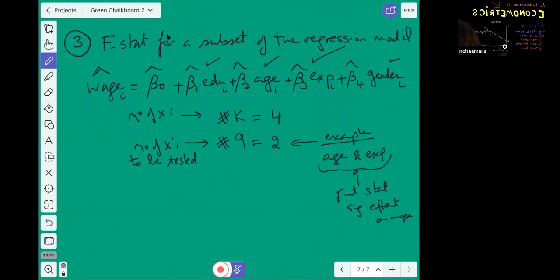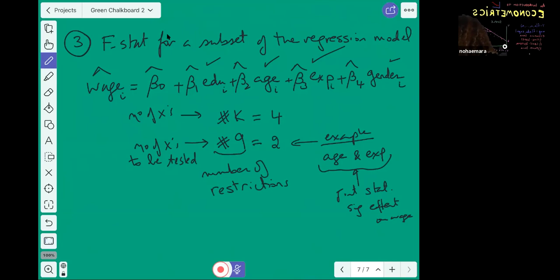So in general, we call the Q the number of restrictions, because you are restricting the model.